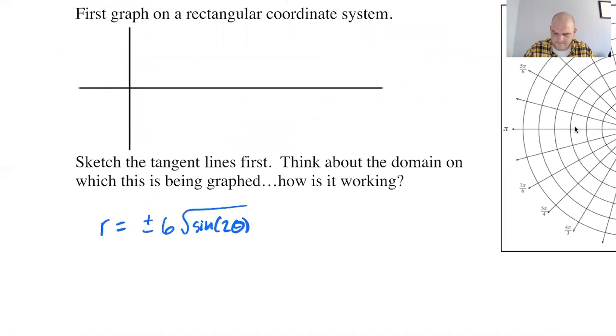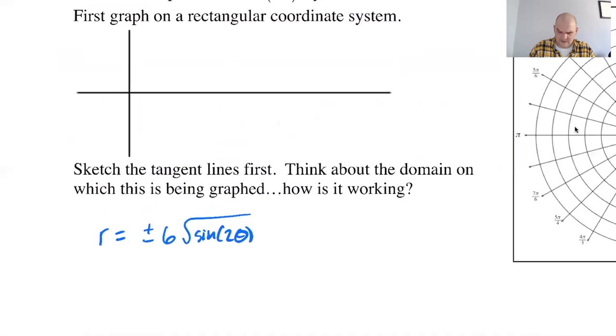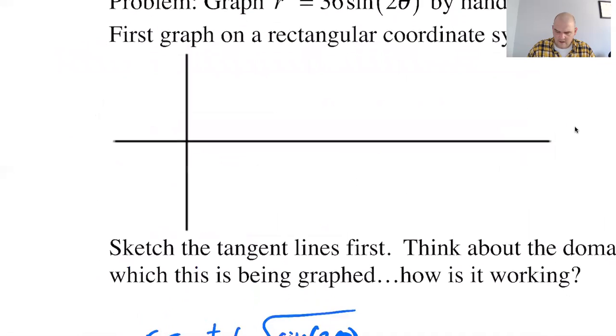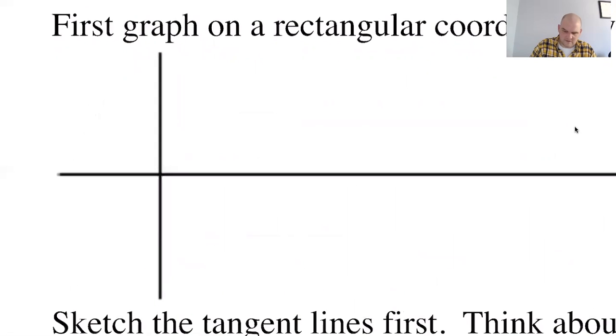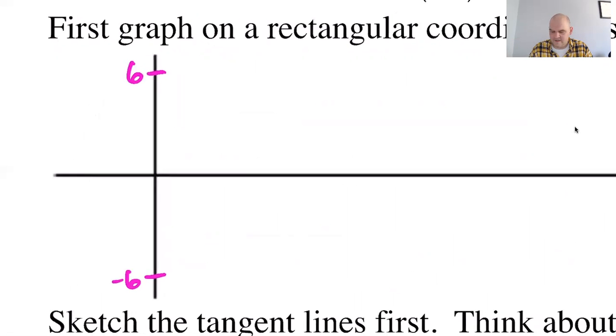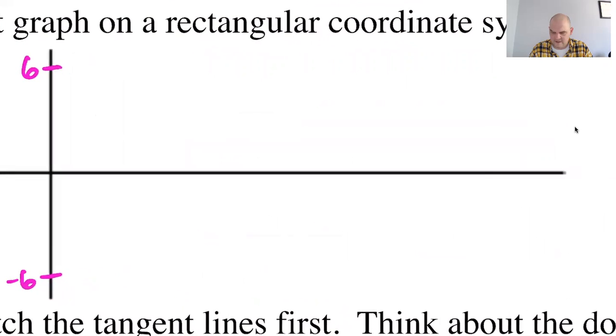So I'll use two different colors and see what's happening. This will be 6 and then negative 6. It's like when we're doing secant and cosecant: I'm going to dot in a guide function and then use it to get the actual graph.